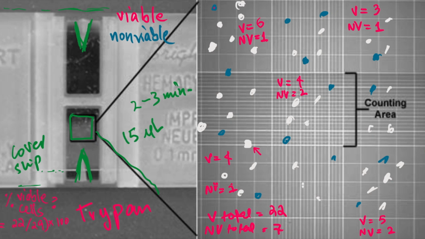So this would give me the percentage of viable cells. These are certain parameters that we are usually interested in.